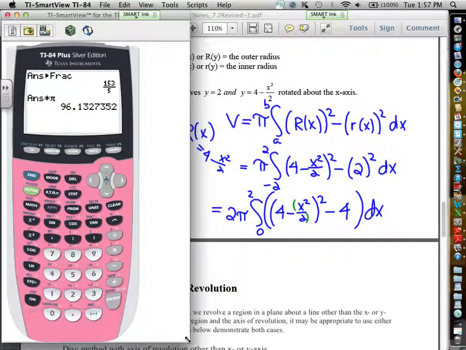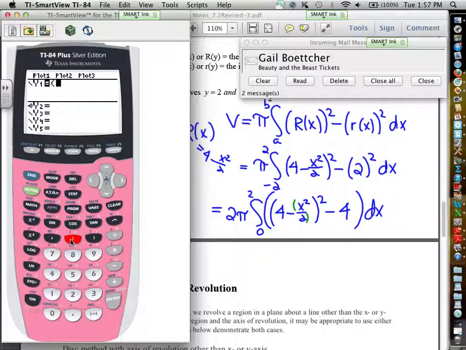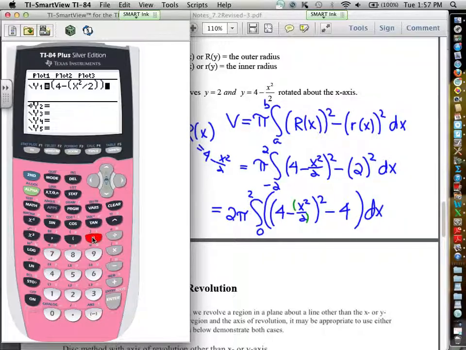All right, so in your y equals, type this equation in. Don't worry about 2 pi. We'll multiply the answer by 2 pi. So in my y equals, I need to clear out this junk. You guys doing this with me? All right, and then just look and make sure that you have it typed in correctly there.